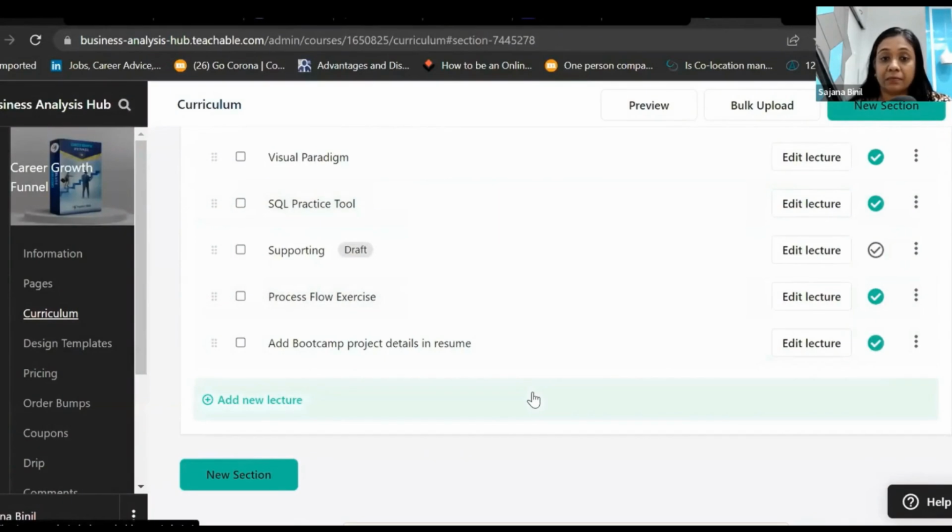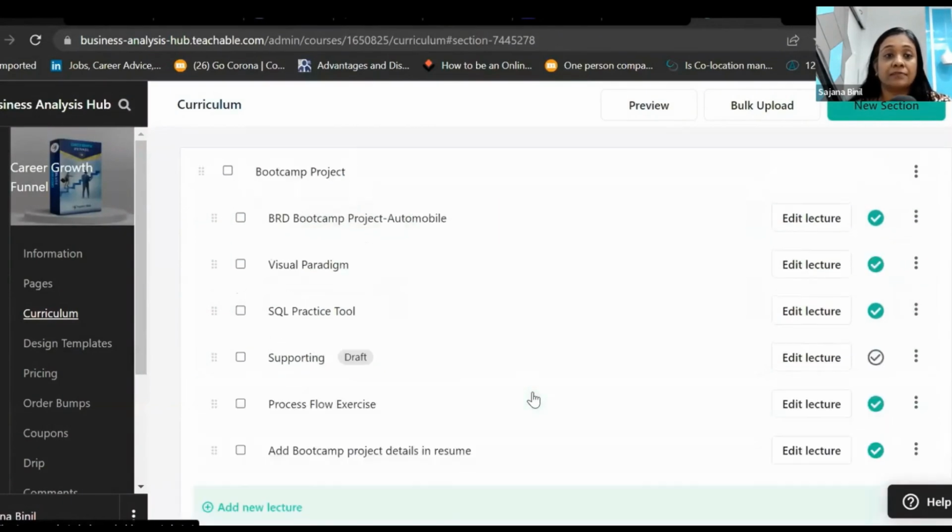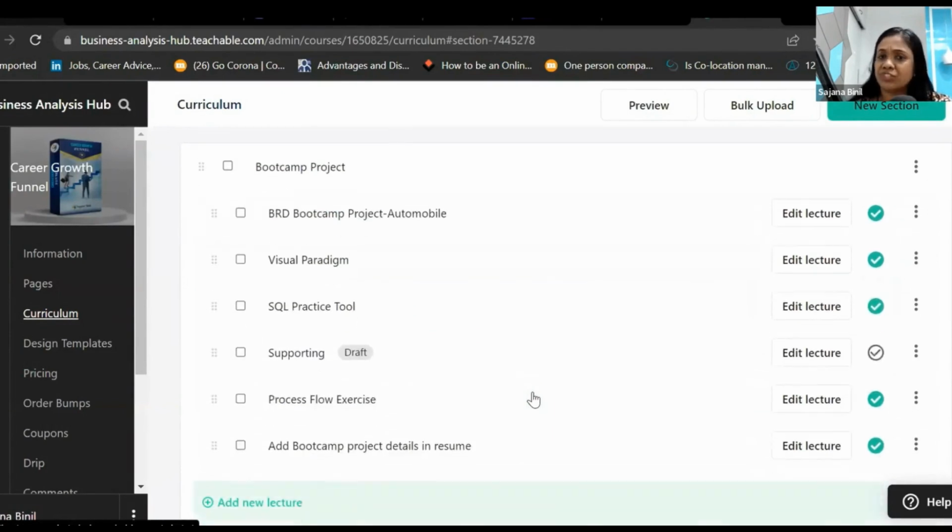So in Business Analysis Hub, I have gone to this career growth funnel. There's a section, Bootcamp project. Under that, you will see SQL practice tool. Under Bootcamp project, it's the third topic.